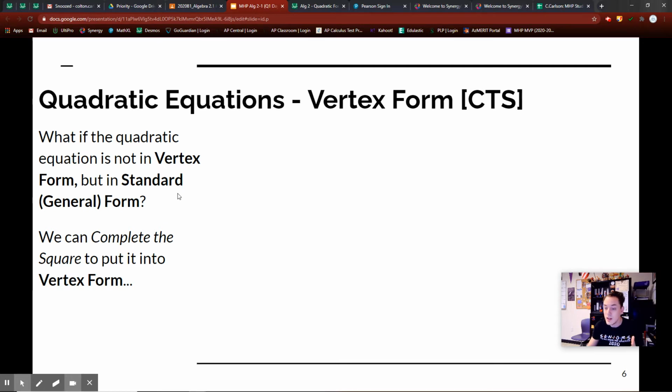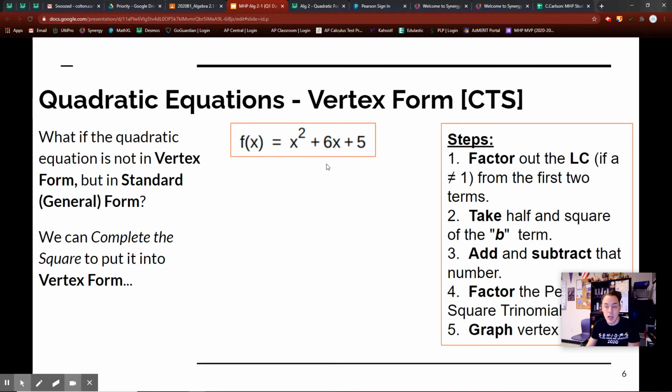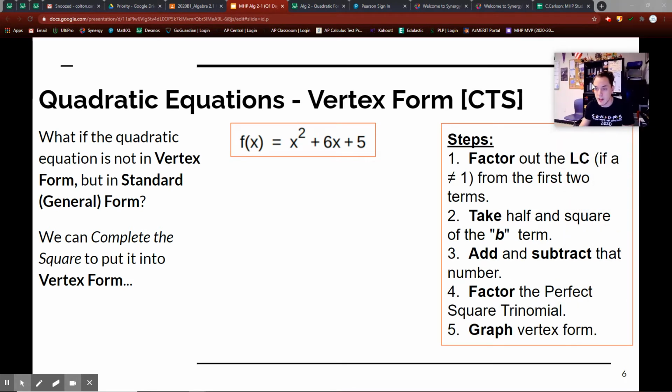What do we do then? We can't just pull out the vertex as easily as we could with vertex form, right? Well, what we can do is put the standard form equation into vertex form by completing the square. So here are the steps for completing the square.